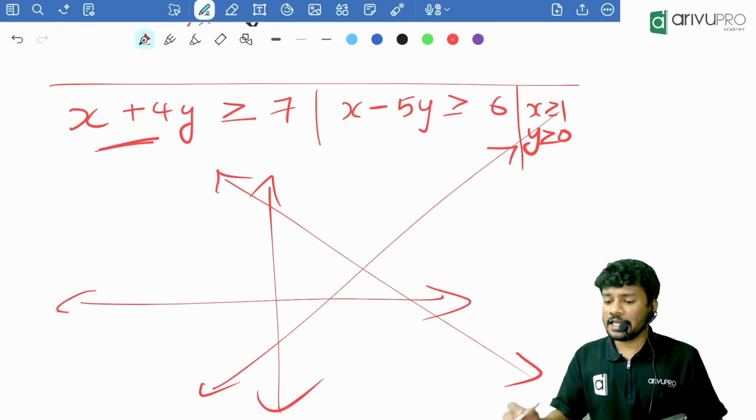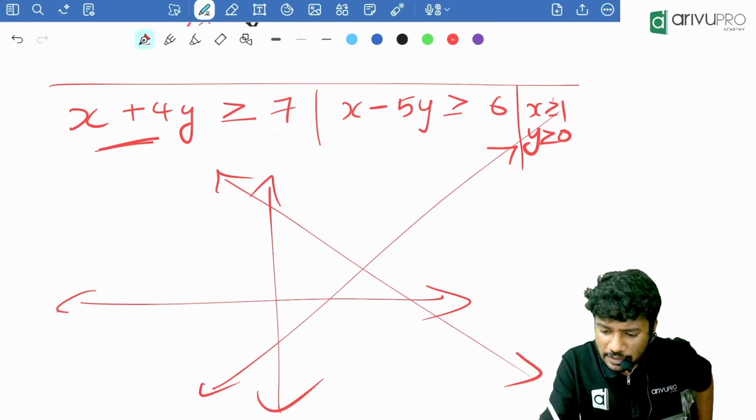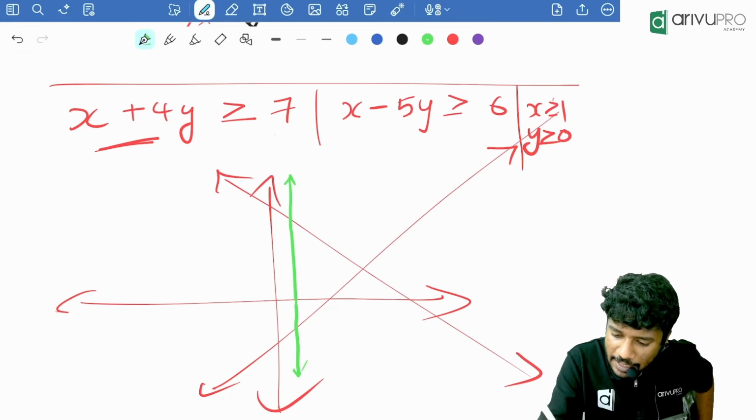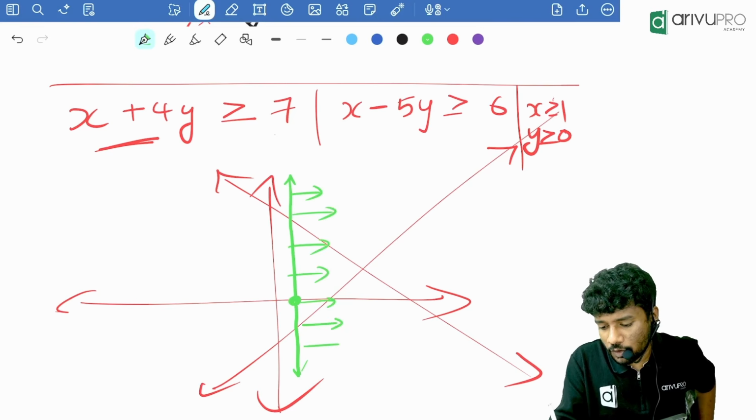Then x is greater than or equal to 1. What do you mean by x is greater than or equal to 1? It will be a line parallel to the y-axis, passing through 1. So this is the graph and it will be going away from the origin. Why?